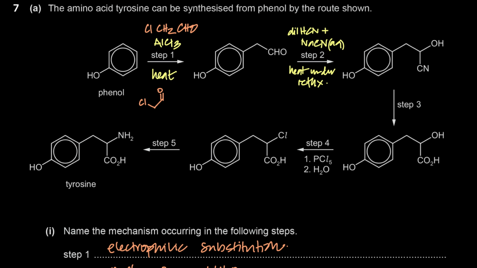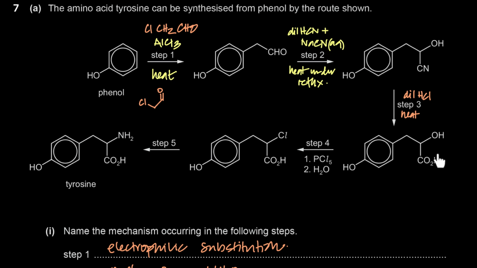Step number 3 is CN to COOH, so you need any dilute acid, let's say dilute HCl and heat under reflux. Because this is such a large molecule, it won't vaporize really, so dilute HCl and heat is fine, but you can write under reflux if you prefer.